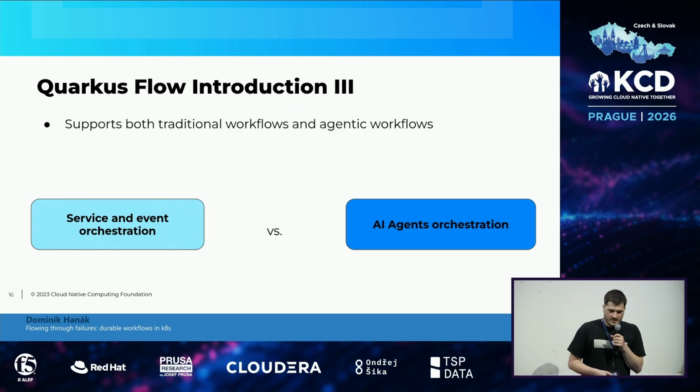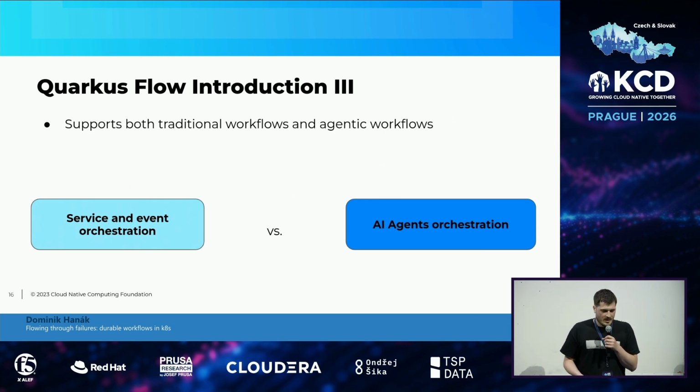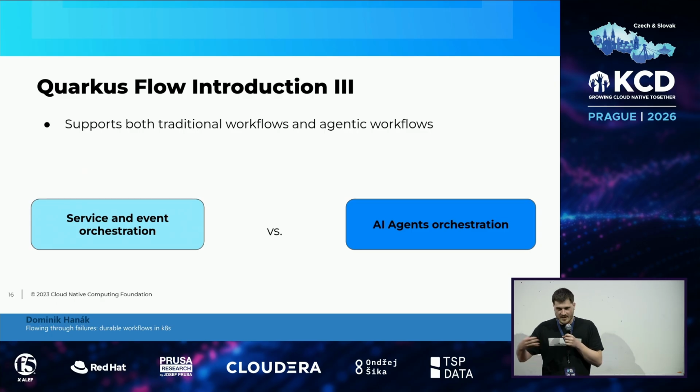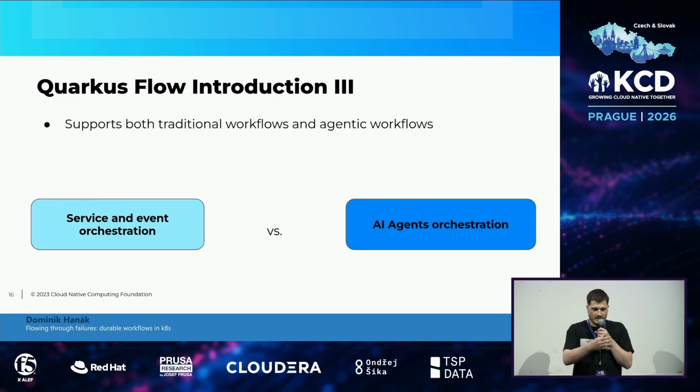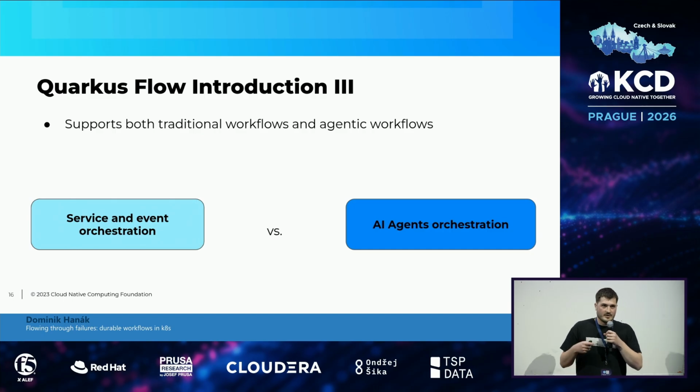Whereas the agentic workflows are orchestrating AI agents. Okay, so you have workflows which directly embed some LLMs. You can do that in a sequential or parallel way, but in agentic workflows, you are dealing with non-deterministic output of these LLMs. So you need to handle mapping of text responses to some Java objects, for example.